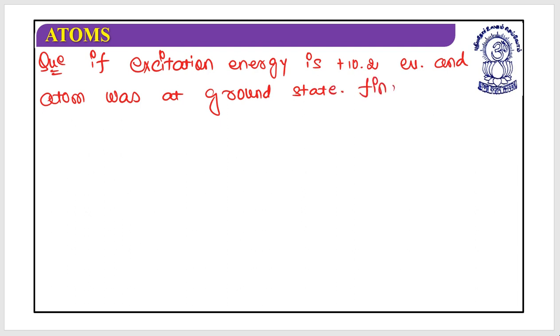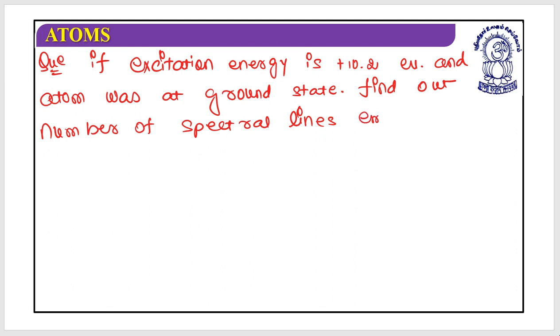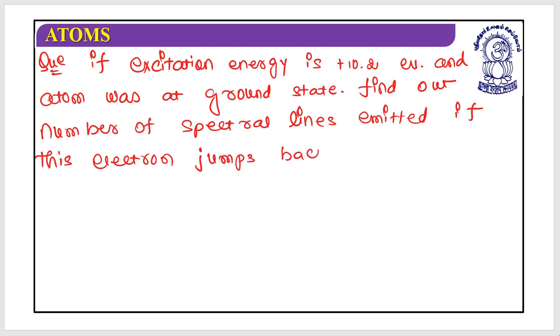So the question is, find out the number of spectral lines emitted if this electron jumps back to the ground state.